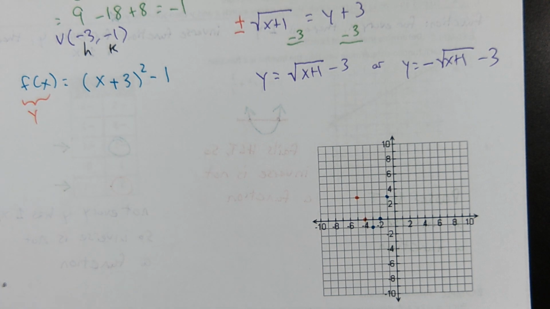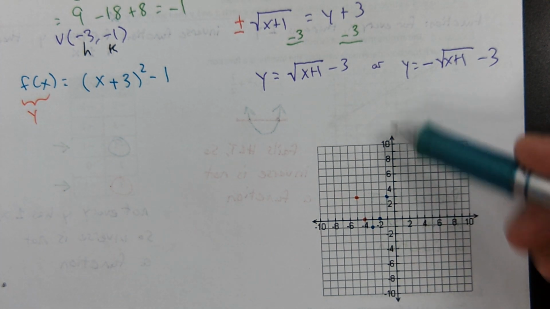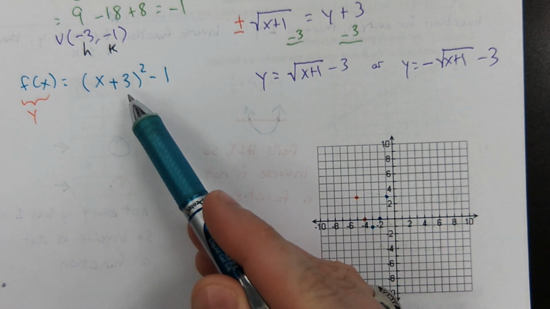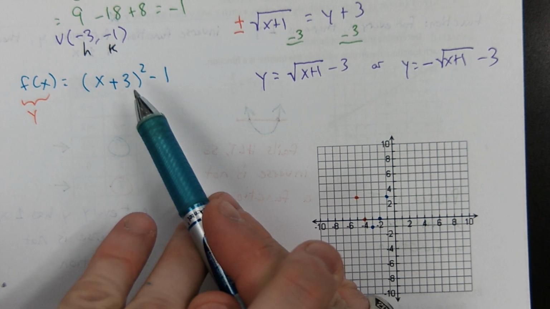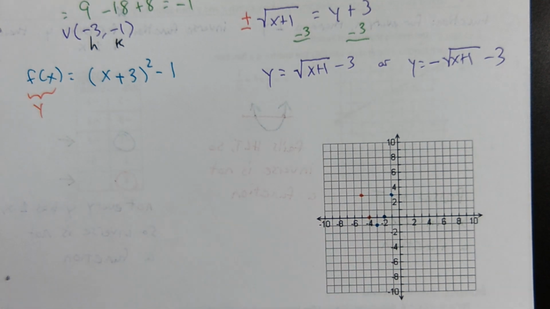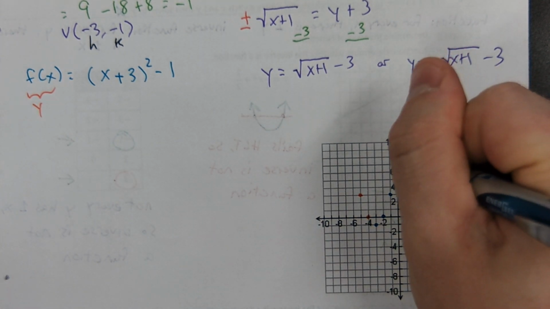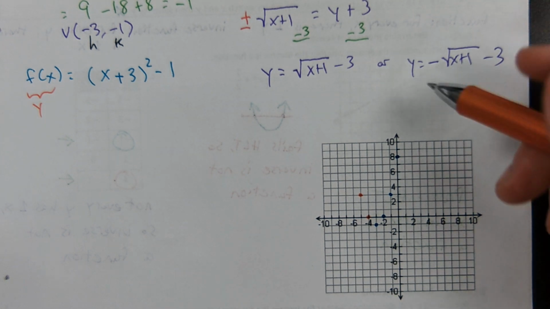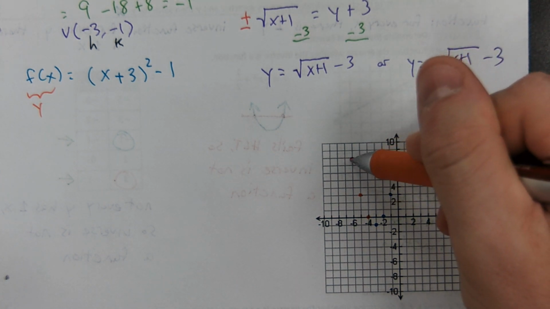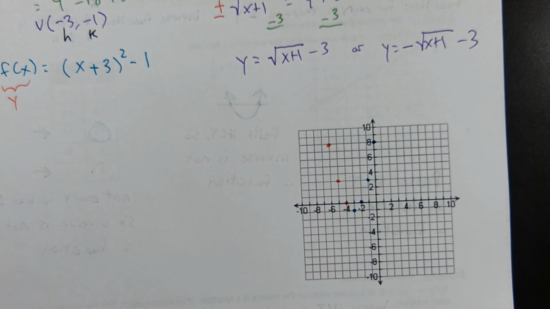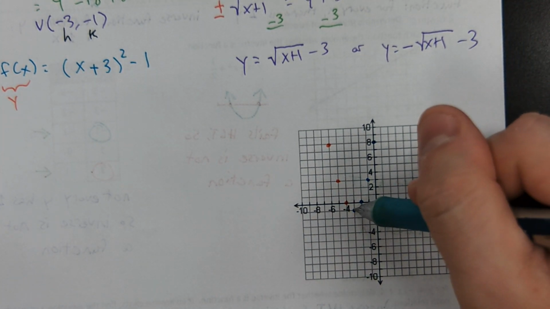And just to have one more point, let's find the y-intercept when x is 0. 0 plus 3 is 3. Oh, I'm shaking like a leaf. 3 squared is 9. 9 minus 1 is 8. My y-intercept is 0, 8. Its reflection is here. Now I'm going to draw my quadratic to the best of my ability.